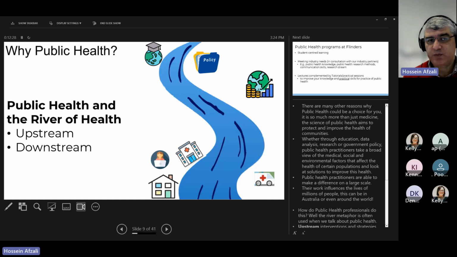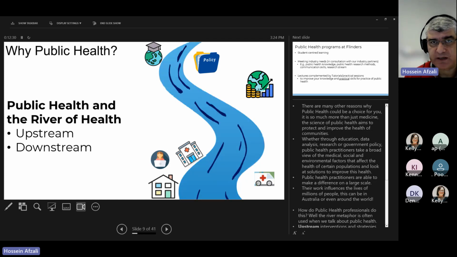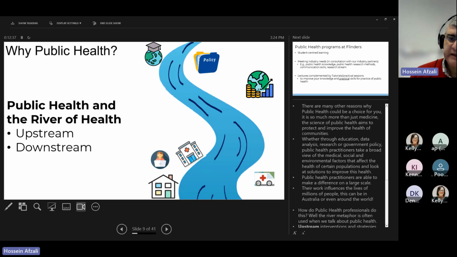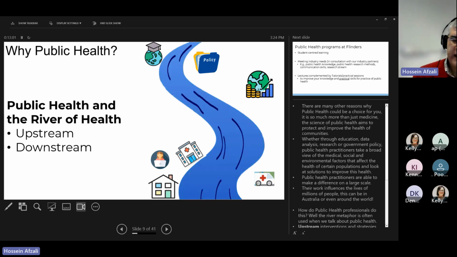My point is that this is an upstream intervention developed and implemented by a public health office or public health practitioners, but the impact would be on the downstream care, because if we have an effective public health intervention, in this case a colorectal cancer screening program, then by early detection we can reduce the number of complications related to colorectal cancer.